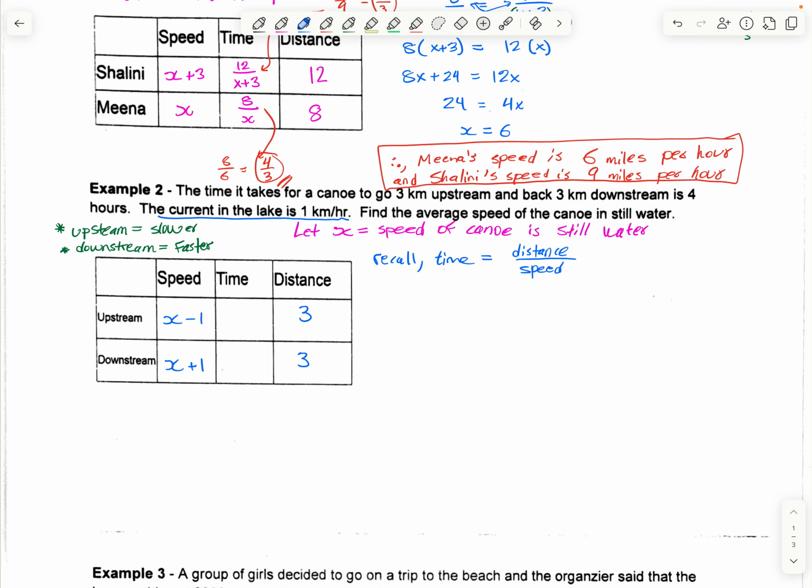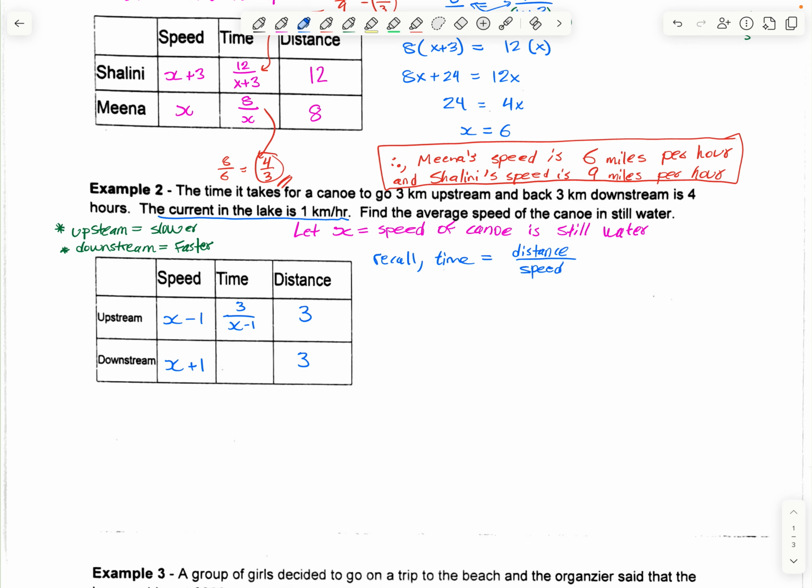The time it takes for anything is always going to be the distance that it has to cover divided by how fast it is going. So that'll give us the time, right? I can take this distance 3 and divide it by x minus 1 to get the time that it takes for the canoe to travel upstream, against the current.